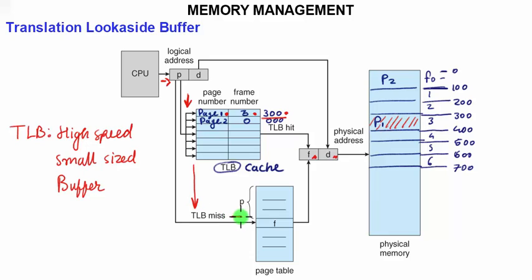After which the page table is looked up, the location is found, but at the same time, the TLB will also be updated with page info and frame info. As an end result, on the next access, that page would be made available via the TLB itself.